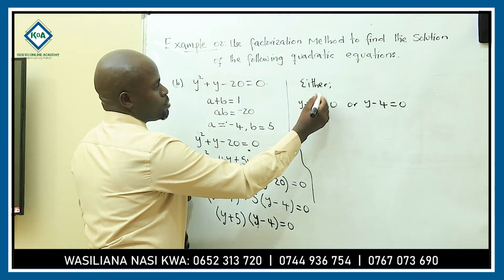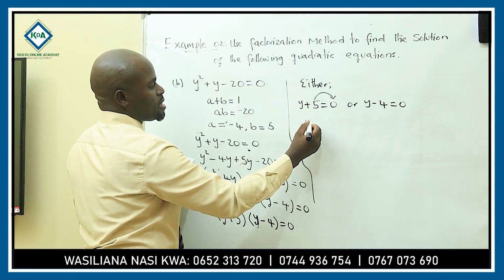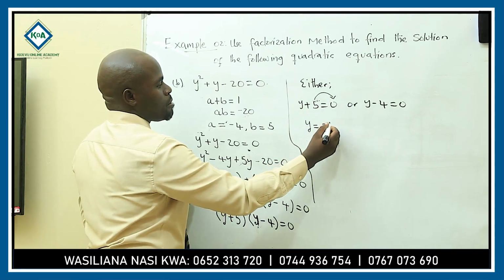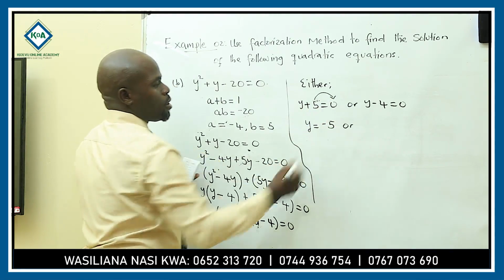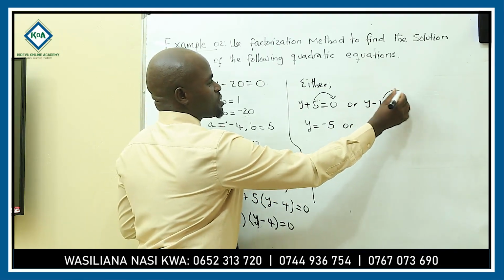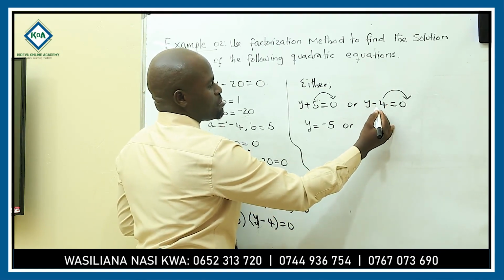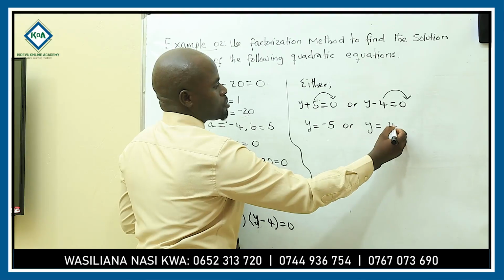It means we will move this 5 to this side, but here it is plus. When we go there, it will be minus. So we have y is equal to minus 5. Or y minus 4 is equal to 0. We shift this negative 4 to this side, so y is equal to, when it goes there, positive 4.